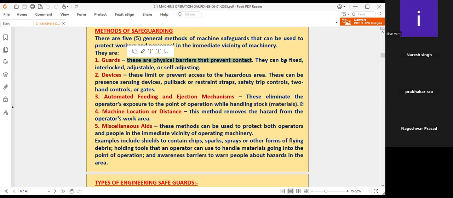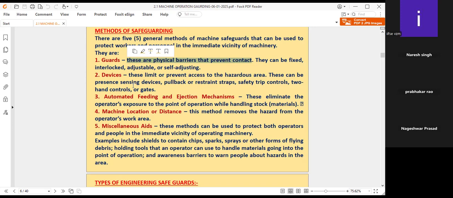They can be fixed, interlocked, adjustable, or self-adjusting. These are the various types of guards where there is no question of contact by the employees working nearby. We will come across the various types of guards in the next slides.